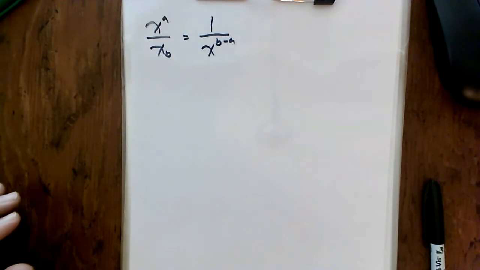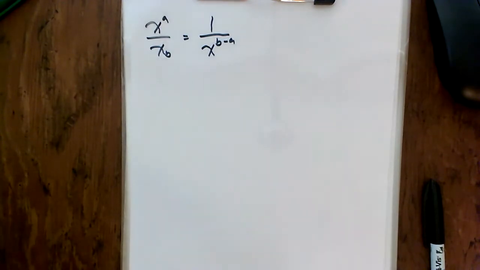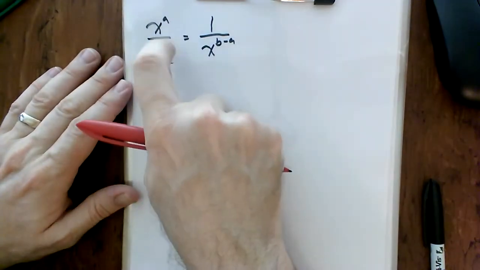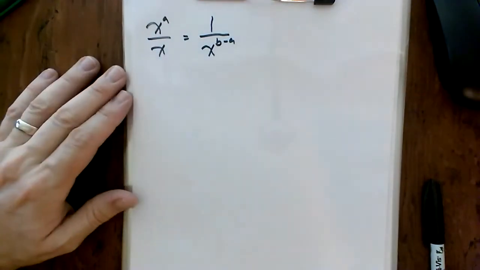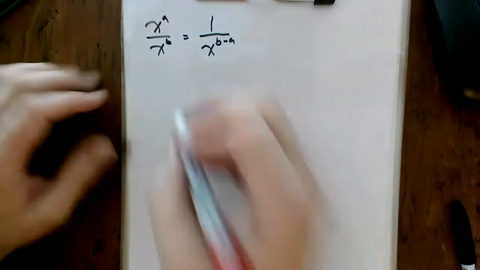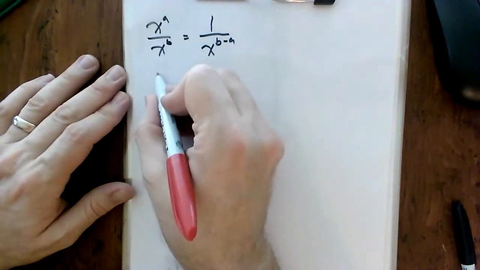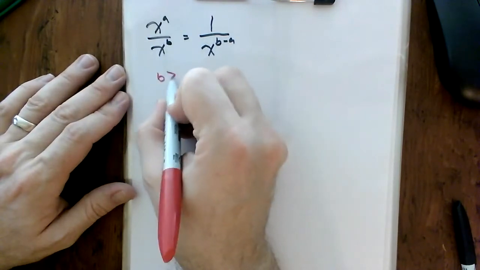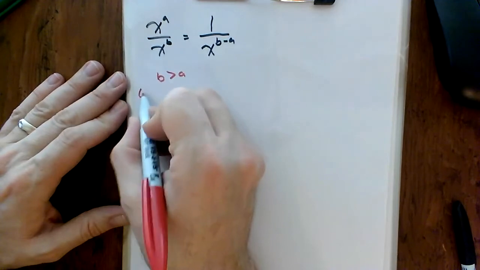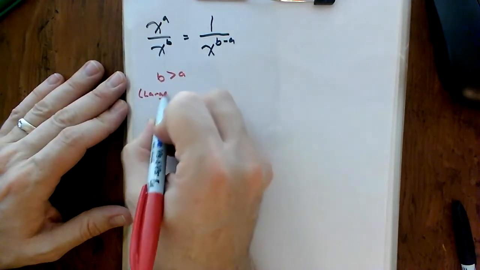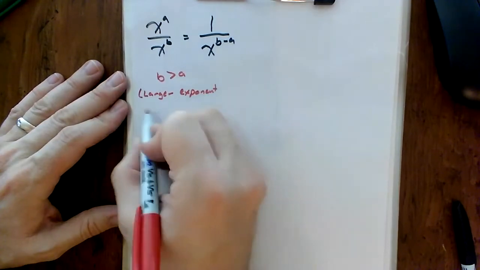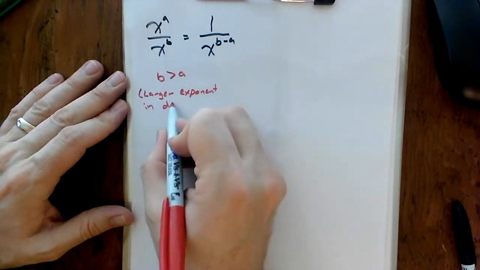And this is going to be true when that, whoops, I somehow made that into a subscript rather than an exponent. So this is going to apply more when b is the larger number. So this is when we've got the larger exponent in the denominator.